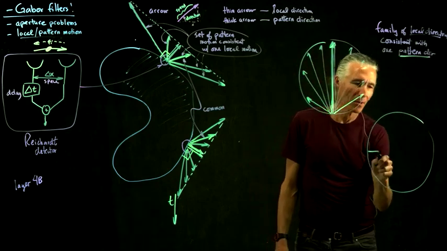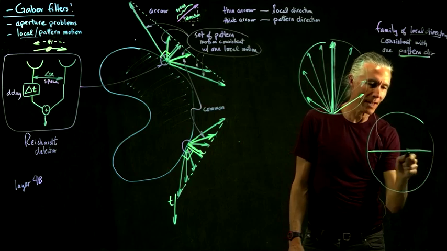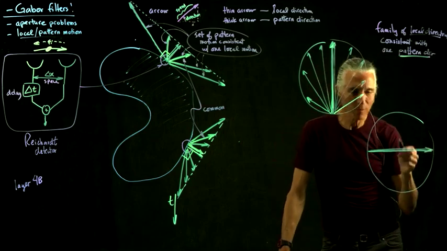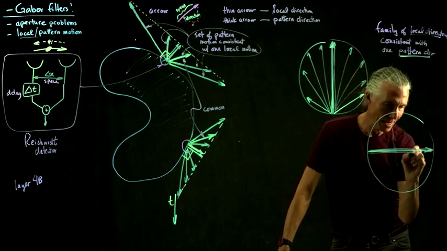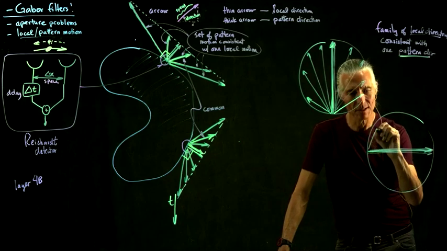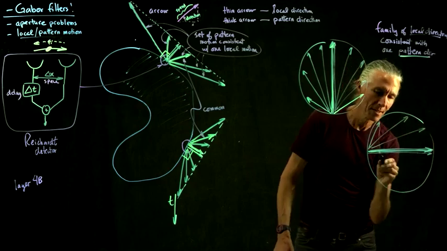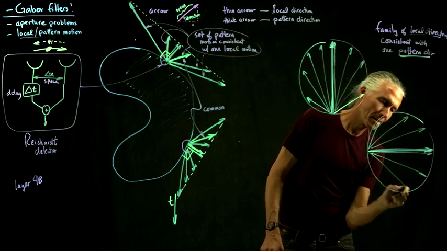And here's another family. So if something was really moving to the right, what local motions would we expect? Well, we might have that same local motion, or we might have a little local motion like that, or we might have this guy or this guy, all of these like that.